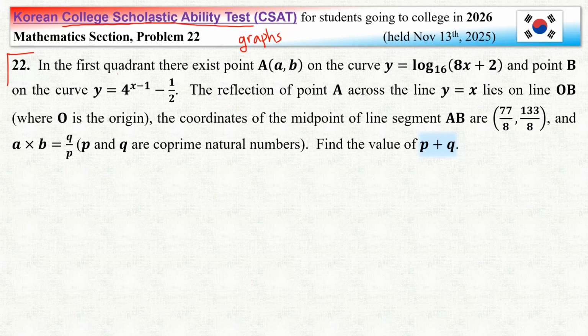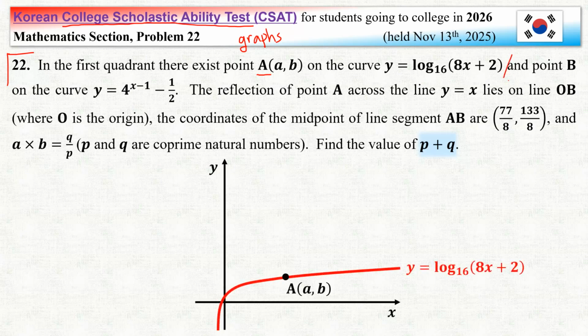So the problem says in the first quadrant, there exist points A and B. Point A is on the curve y equals log base 16 of 8x plus 2, like this. And point B is on the curve y equals 4 to the power of x minus 1 minus 1 half. So point B exists like this.